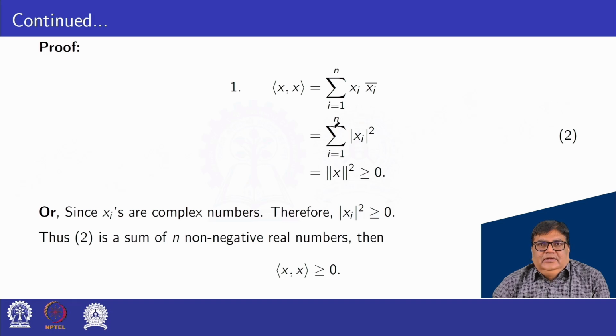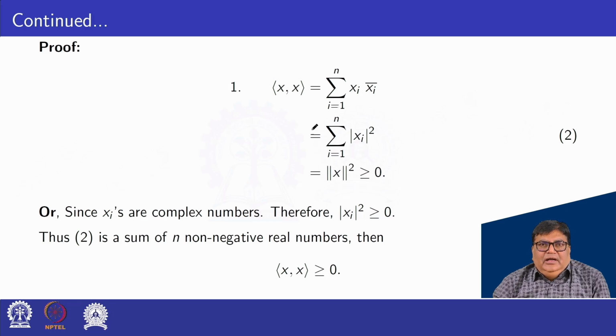That is summation i equal to 1 to n of mod xi square. This can be written as norm of x square. We know that norm x is always non-negative, that is greater than or equal to 0.